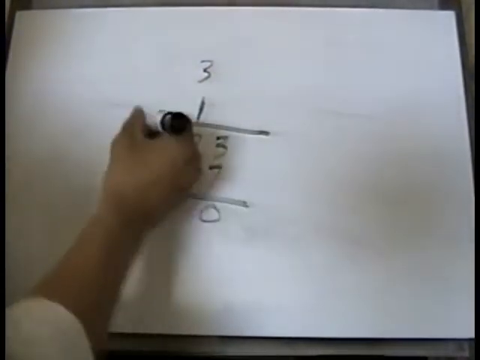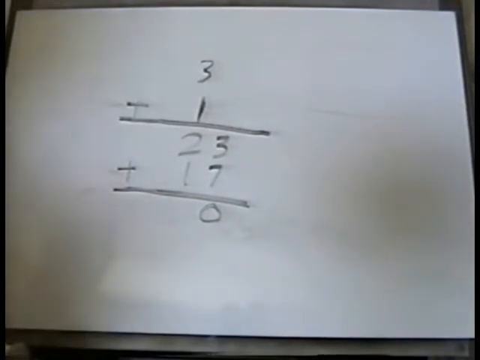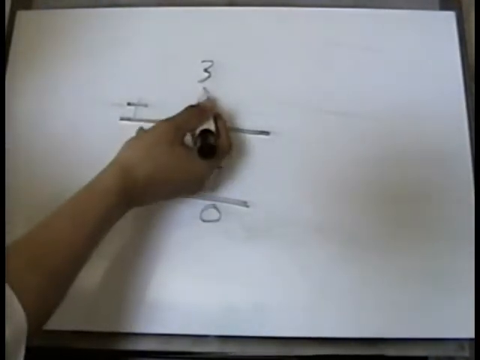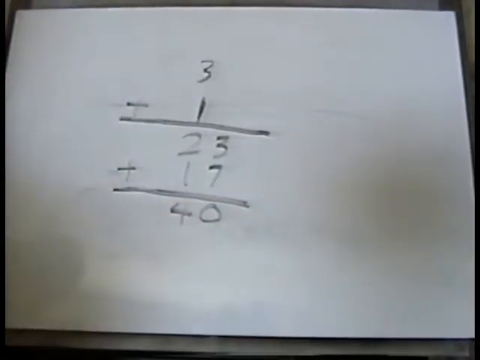2 plus 1 is 3. Now you can even add that on top of here. Okay? So you're doing an addition. So you can add your numbers up here. So you get 3 plus 1, that's 4.